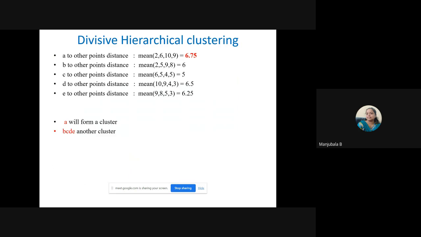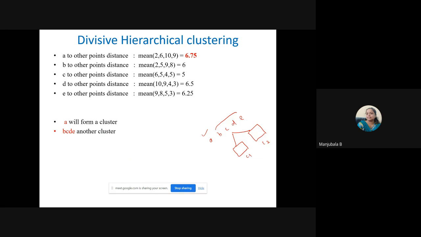As we have 5 points A, B, C, D, E, we are trying to divide them into two clusters. Which data points will form cluster C1, and which will go to cluster C2? This is our target. For this, we calculate the distance from a point to all the remaining points.